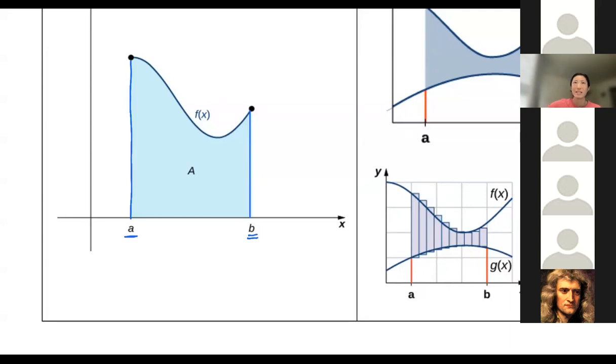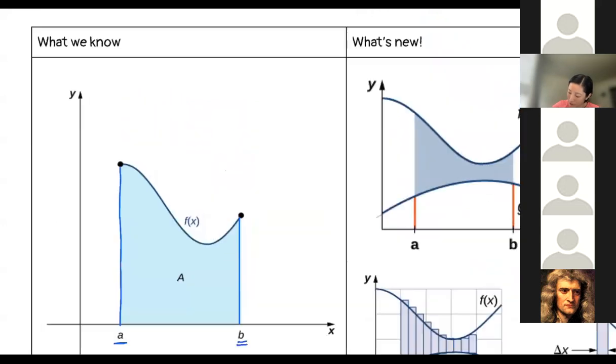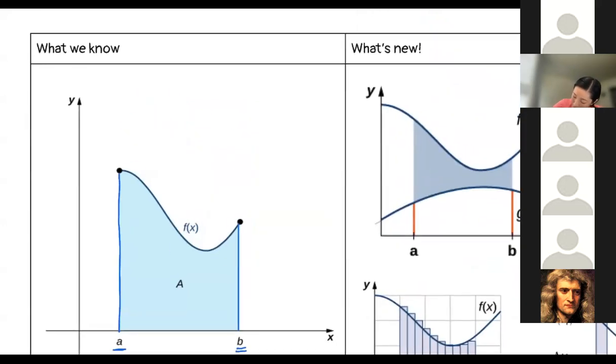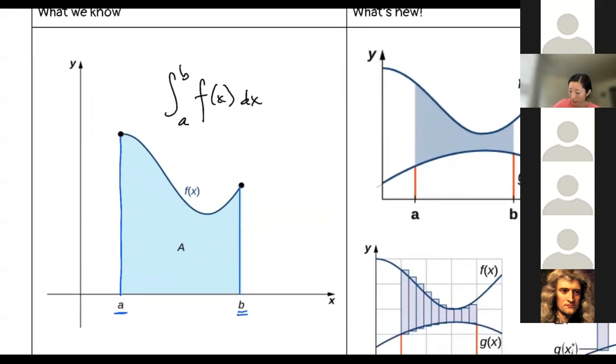All right, we've got this integral from A to B of f of x dx. It is a notation we've come to know and love, or maybe not love quite yet. When we say the integral from A to B of f of x dx, that means that we're finding this area right here, right? That gives us our A.